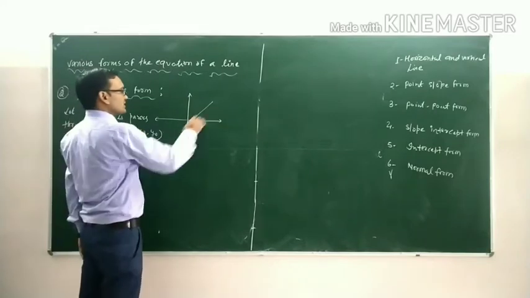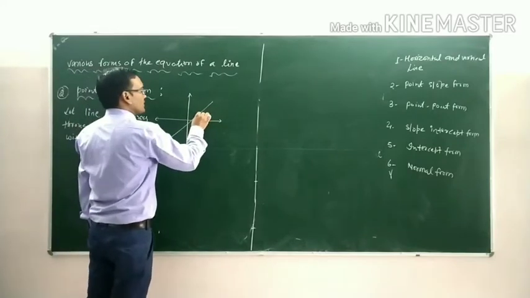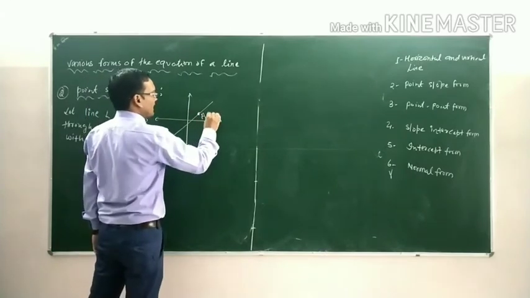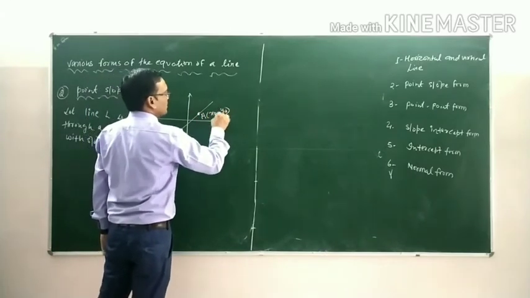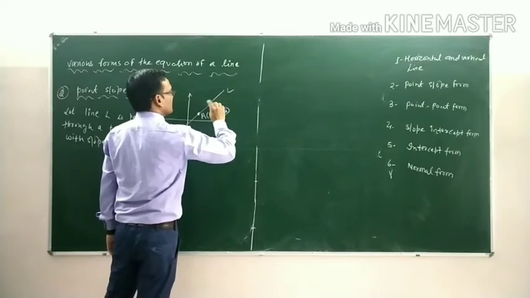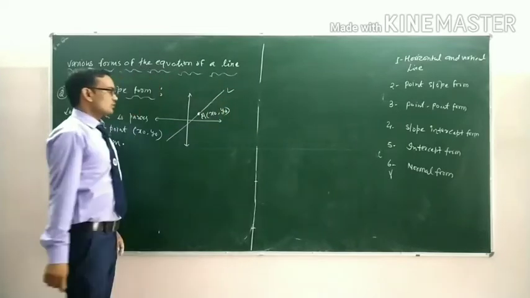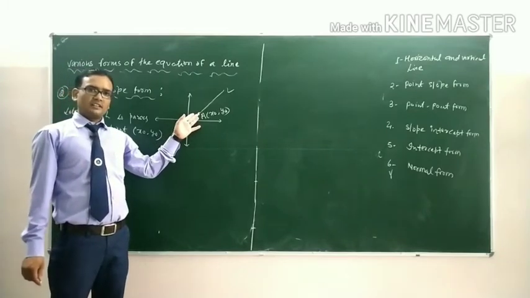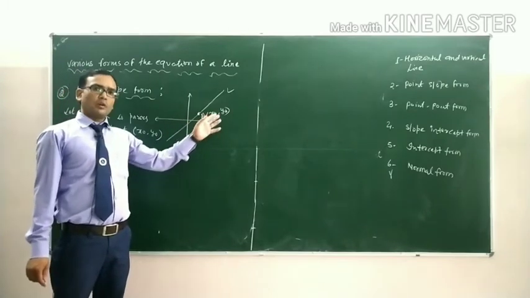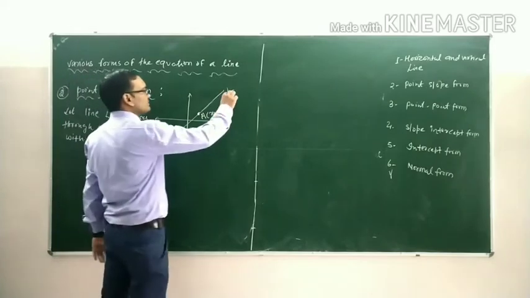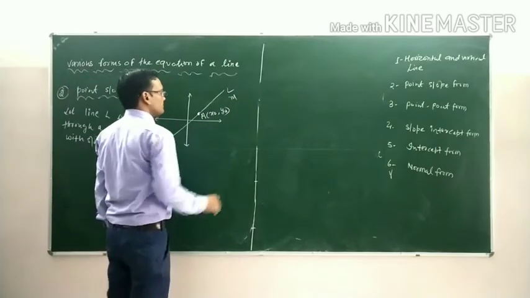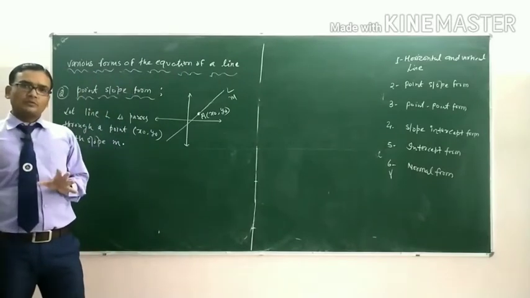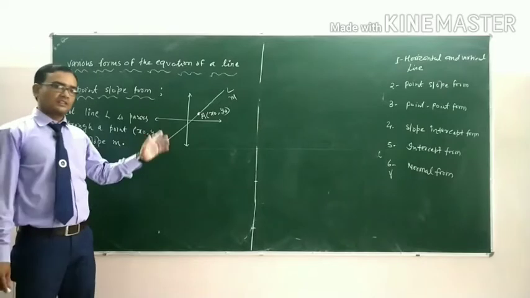Okay students, here this point is A, x0 comma y0. Line L passes through point A with coordinates x0 comma y0 and has slope m. What is the equation of this line?